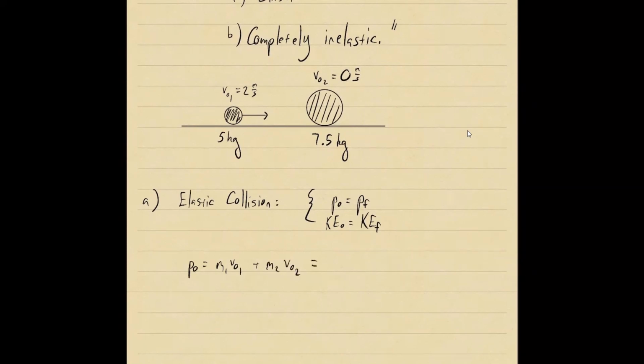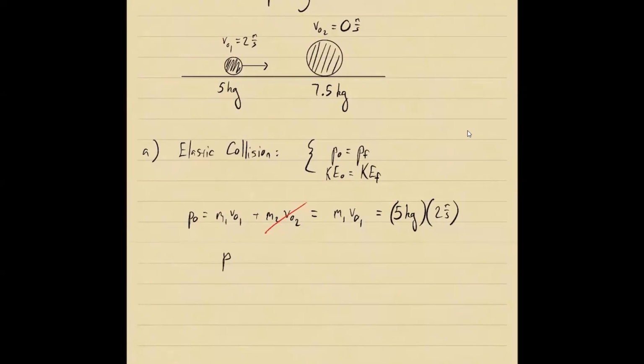But the initial velocity of the second ball is 0, so that term's gone. So it's just the mass of the first ball times the initial velocity of the first ball. All the momentum in our problem initially comes from this first moving ball. This is 5 kilograms times 2 meters per second, and so we get an initial momentum of 10 kilograms times meters per second for our system.